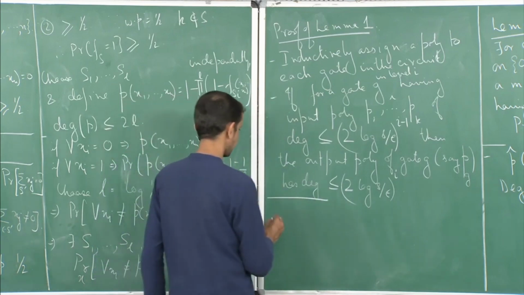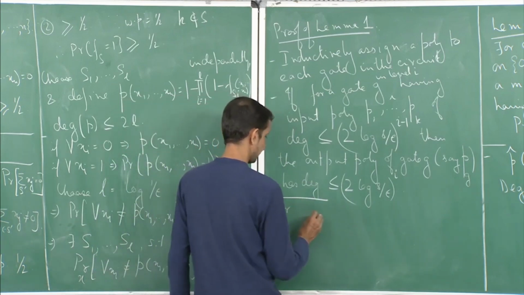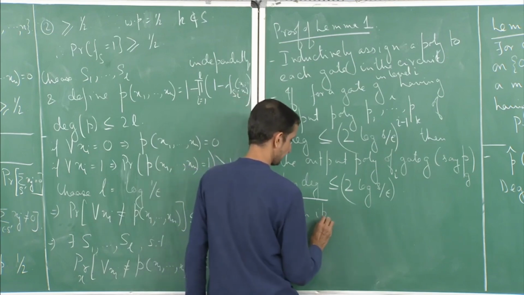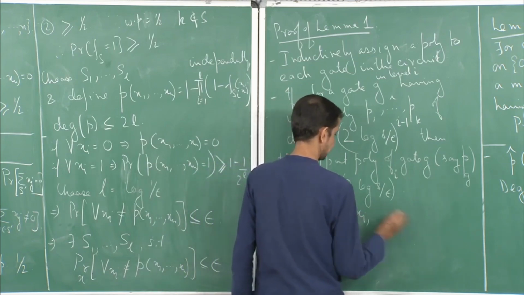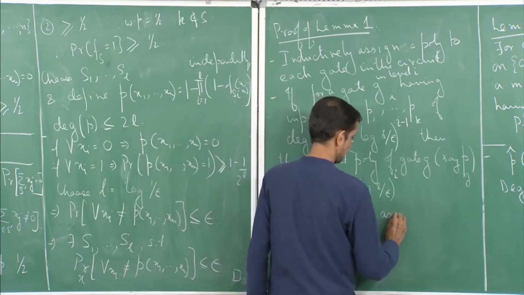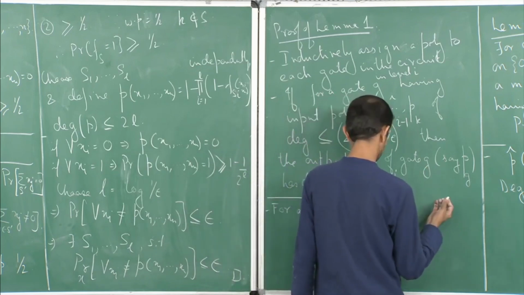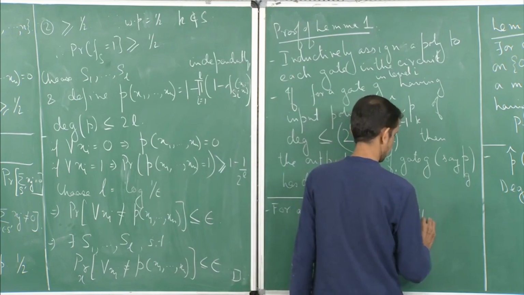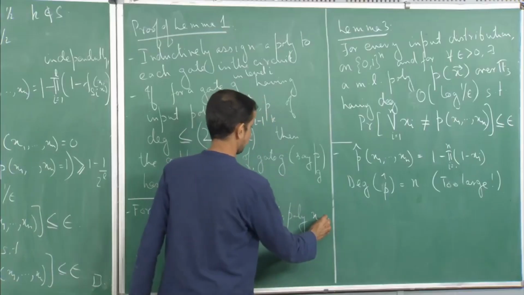So, for an input variable, let us say xi, you just assign the polynomial xi.